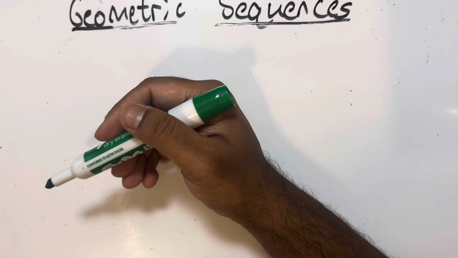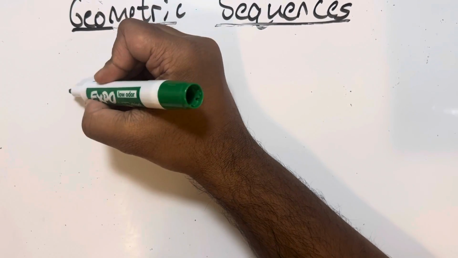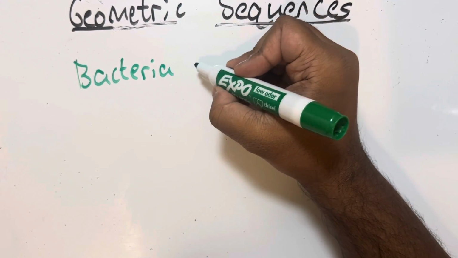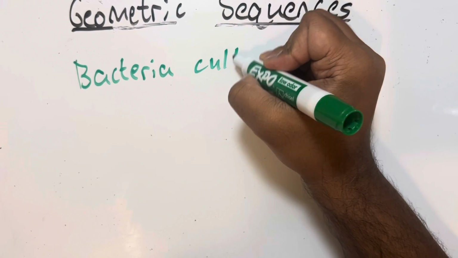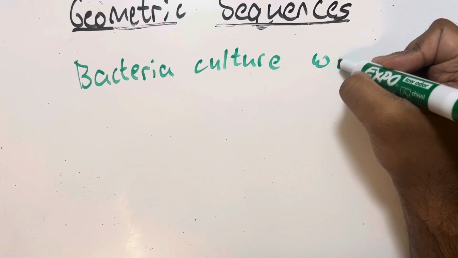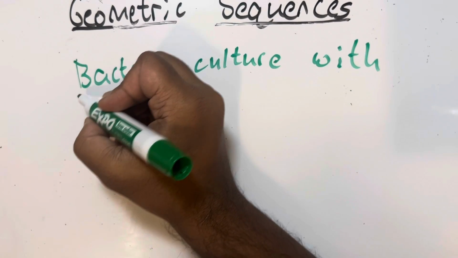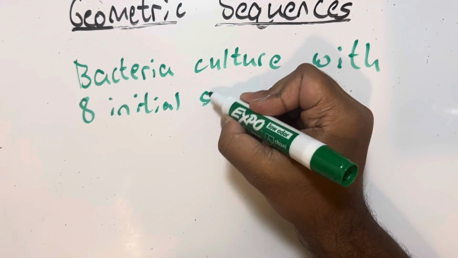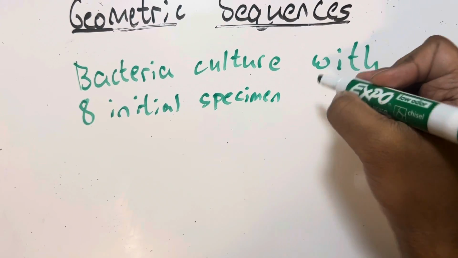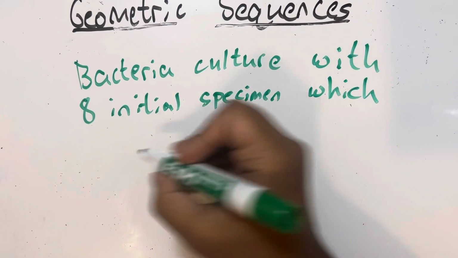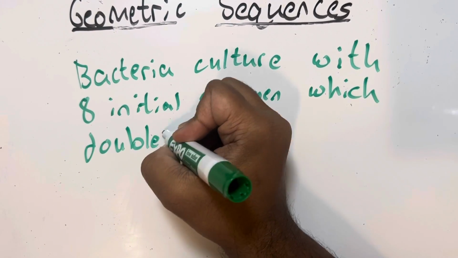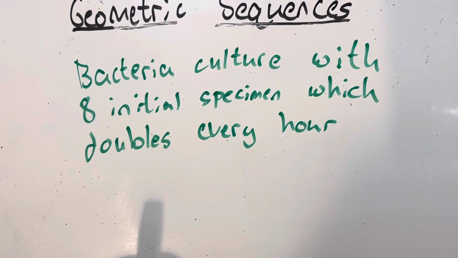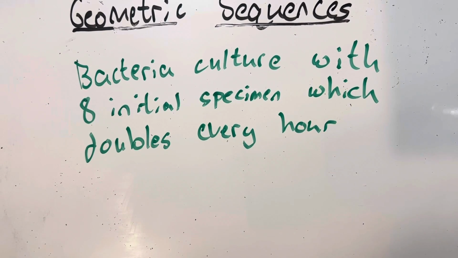Let's say I have a bacteria culture with 8 initial specimen, which doubles every hour. Bacteria culture with 8 initial specimen, which doubles every hour.